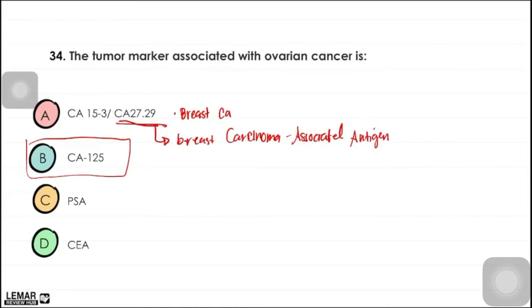We have your PSA. This is your prostate specific antigen. This is a prostate tissue specific marker, but not a prostate cancer specific marker.